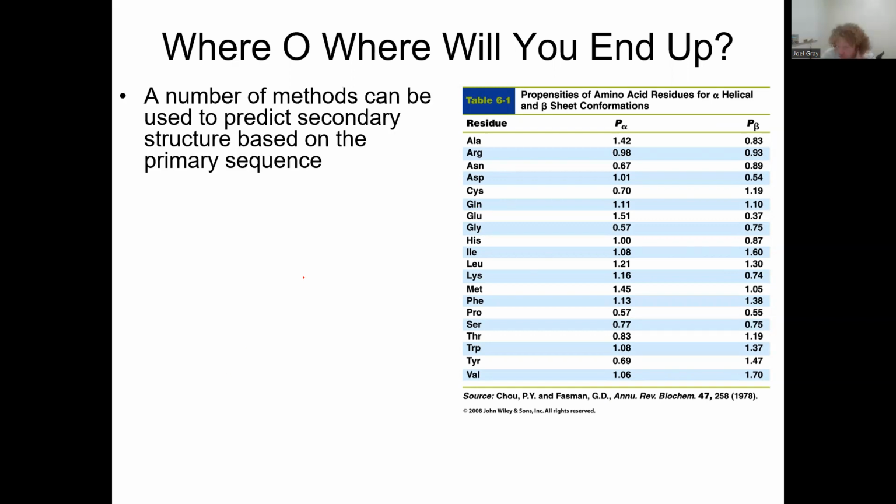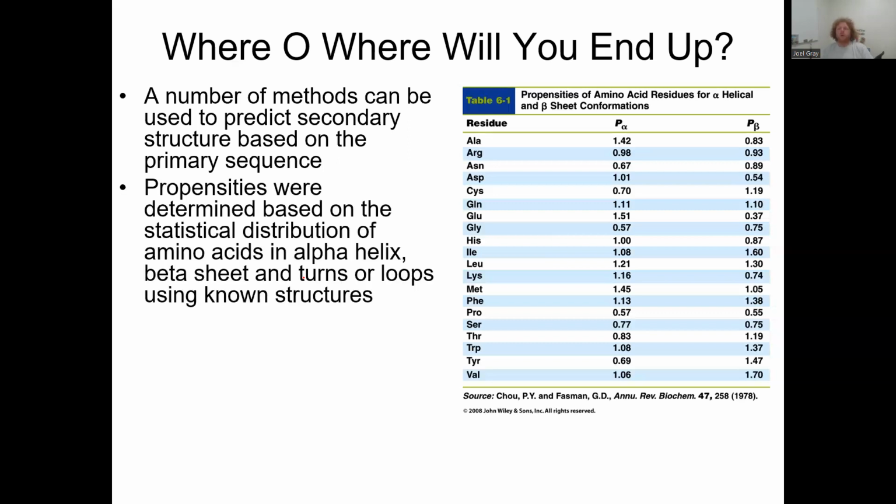What they did, and what continues to be the gold standard to date, is to take a primary structure and use these scores to come up with the likelihood of an alpha helix or a beta sheet.